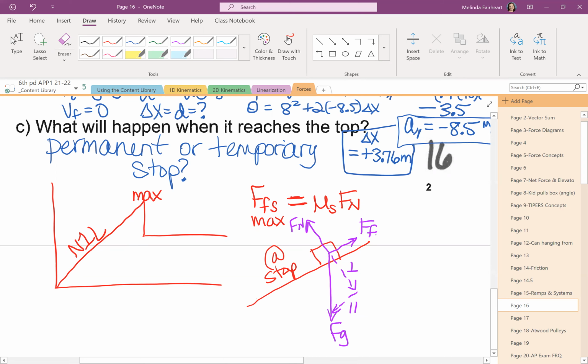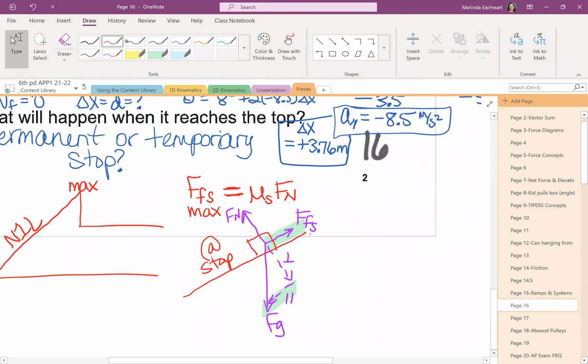And so maybe if it's static friction, it's holding it up. Because those two, the parallel component of gravity trying to pull it down, and the static gripping friction trying to hold it in place, I got to compare these two.